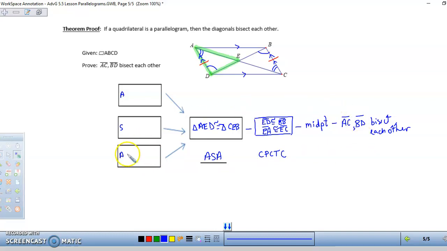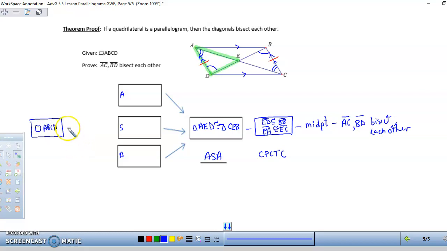I know some of you asked me about the proof boxes. So the proof boxes, I would concentrate on getting the triangles congruent for any type of parallelogram quadrilateral theorem. But the proof boxes basically take you from the given to this angle, side, angle. So what you would start with here is parallelogram ABCD.